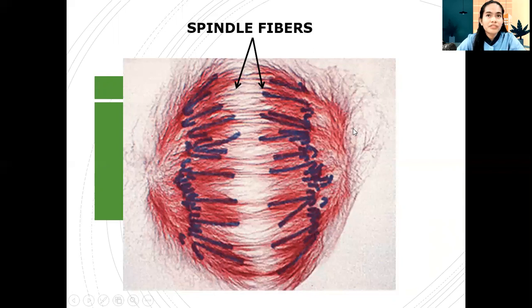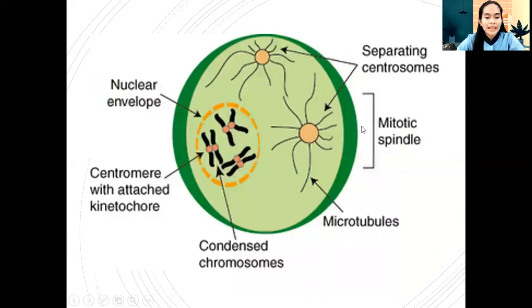So these spindle fibers are just like a thread. It's very small, but it's so powerful that it could prevent mutations, other damages or other defects during the cell division. Okay. So we have here your cell division. This is only an example. We have here separating centrosomes. This is your mitotic spindles, the microtubules, this condensed chromosome.